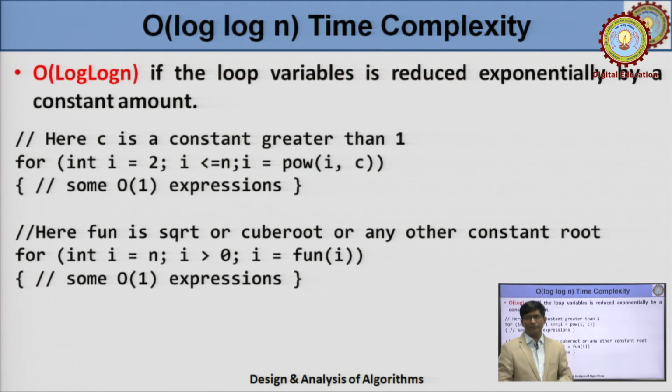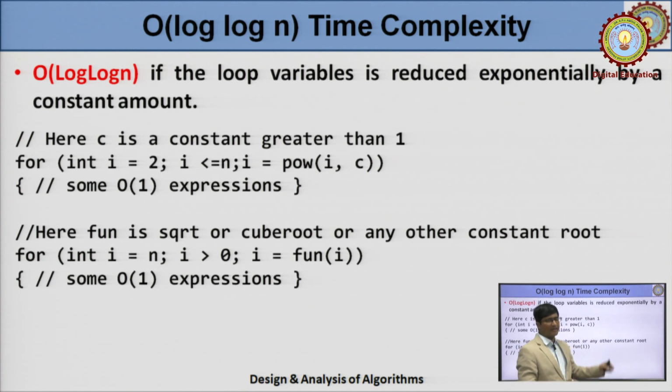Now, similar to your log n complexity, we have another form of complexity which is called order of log log n complexity, right? In this case, the loop variable is reduced exponentially, by a constant power. Here we are talking about the exponential reduction.